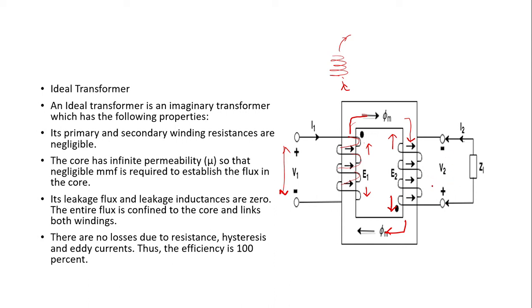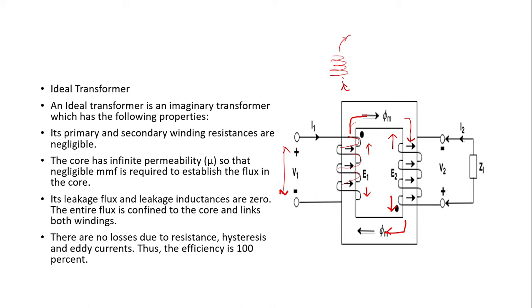V2 is the load voltage on the secondary side. Now, for an ideal transformer, some properties may be taken into consideration. The properties work for an ideal transformer, but an ideal transformer doesn't exist. There are always losses incurred in a transformer. So firstly, the primary and the secondary winding resistances are negligible.